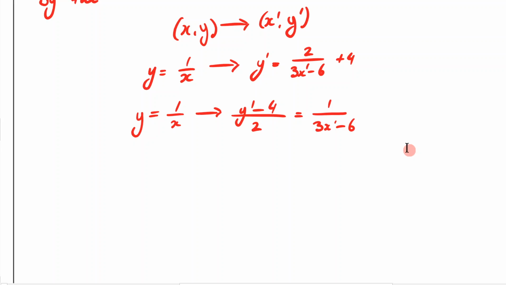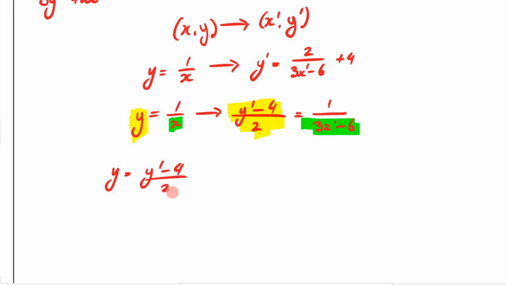Then what I do is I equate. So I equate this y with all of this here, and then I equate this x with all of this here. So that means what I'm going to end up with now is y is equal to y dash minus 4 over 2, and x is equal to 3x dash minus 6.